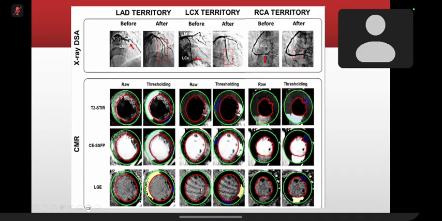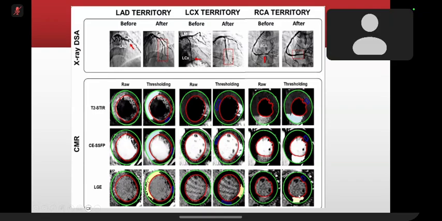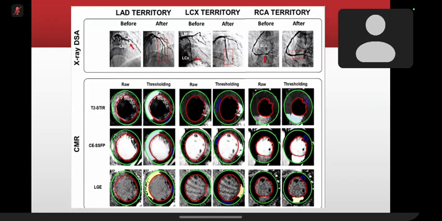I think this is a transmural delayed enhancement seen in the territory of the circumflex coronary artery. Good, excellent. It is involving the lateral wall, hence the territory of the circumflex. And what about this? This one involves the inferior wall with transmural enhancement, and this represents the right coronary artery territory.